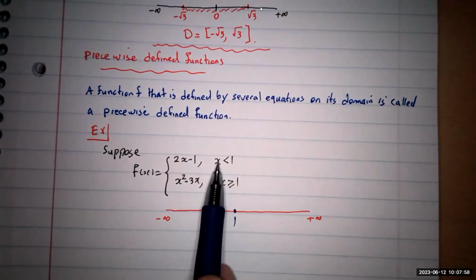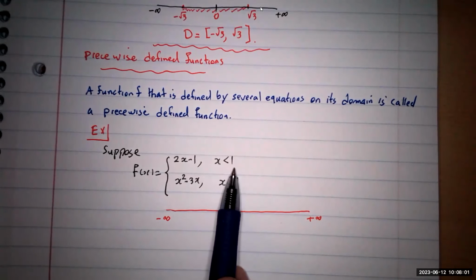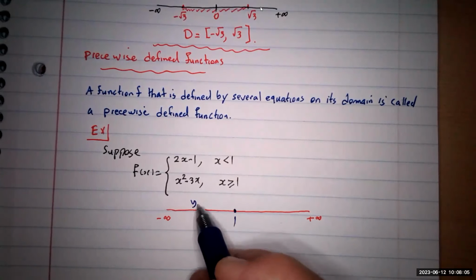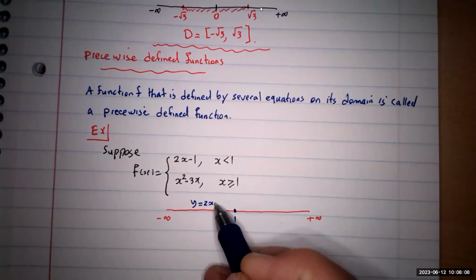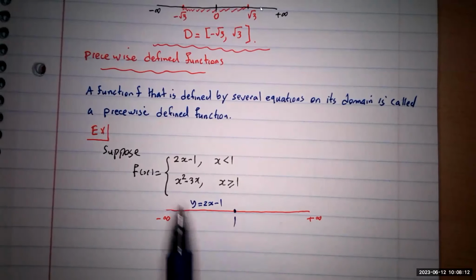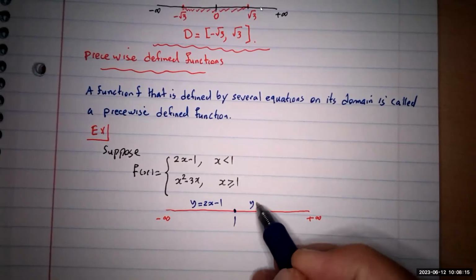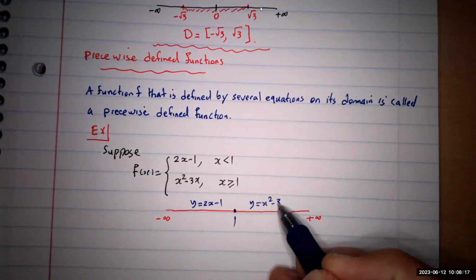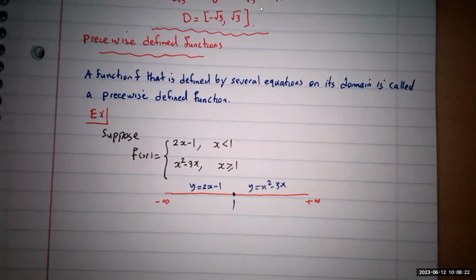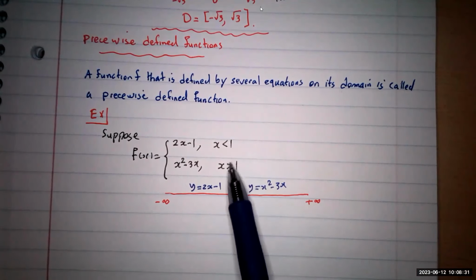Now, when x is less than 1, the function uses this formula. So the machine produces y equal to 2x minus 1. But when x is greater than or equal to 1, the function uses this formula, y equal to x squared minus 3x. Okay, so as you can see, the domain of this function is negative infinity to positive infinity. When you want to find the domain of a piecewise defined function, just check to see what happens at the partition point.